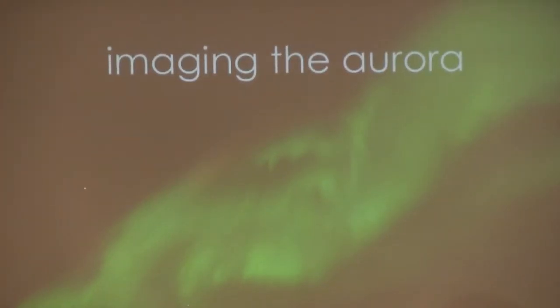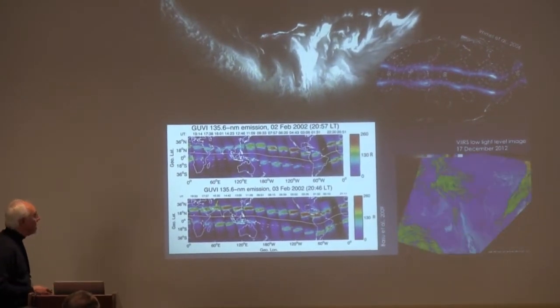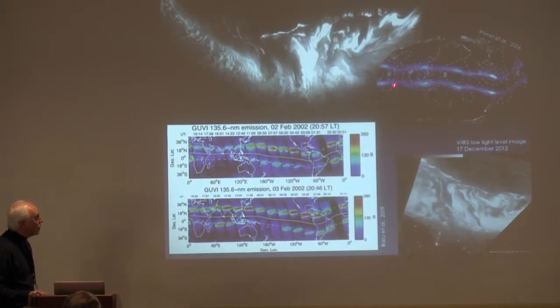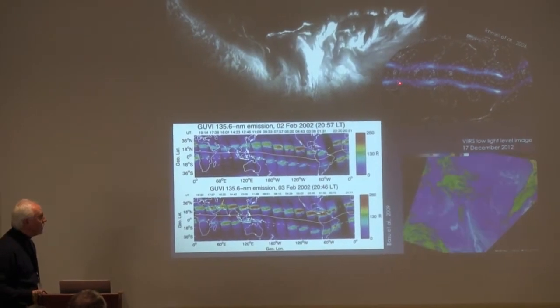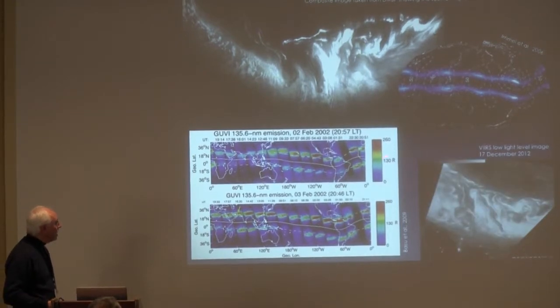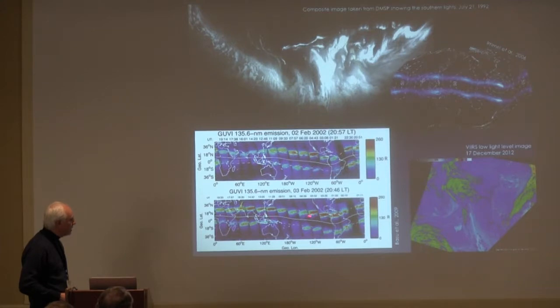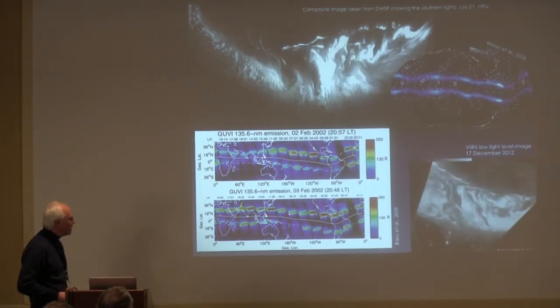Just to give a sense of what we could be looking at with this, these are data from many different spacecraft, DMSP, some imaging the equatorial bands with IMAGE, as well as some of the GUVI instruments looking at the same thing, looking at the very dynamic aspects of it.